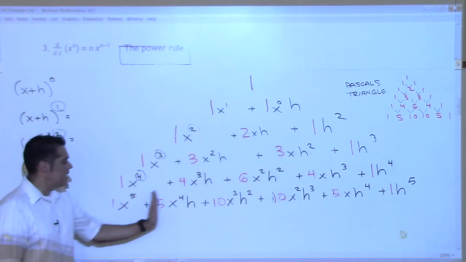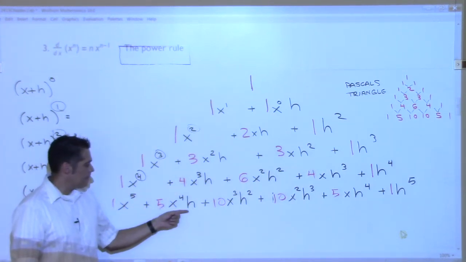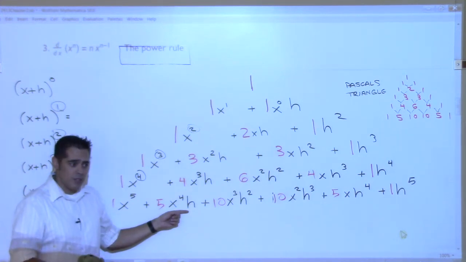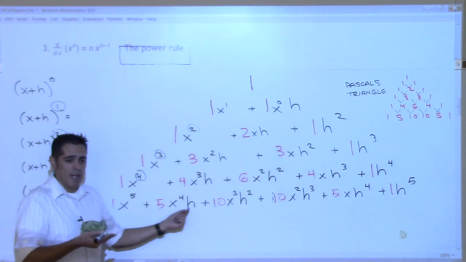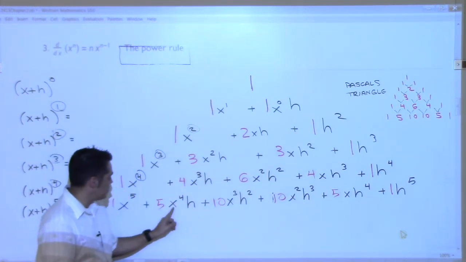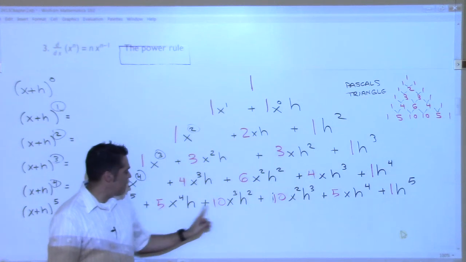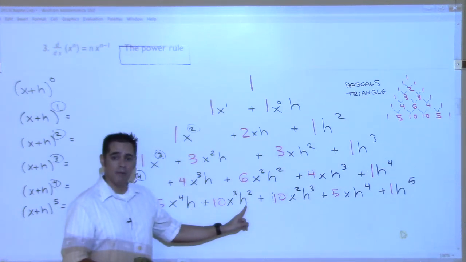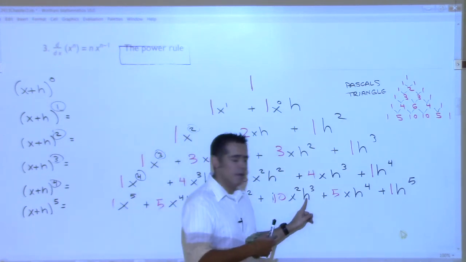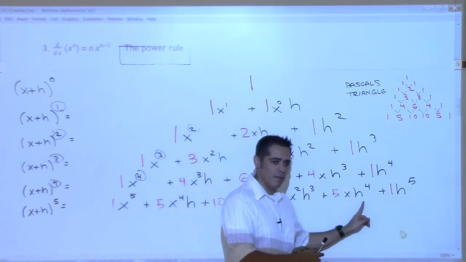Now, when we move to the next one, what happens? The power on x goes down, and the power on h comes up to h to the first power. On the next one, the power of x goes down, but the power of h goes up. And then the next one, power of x came down, power of h came up. Next one, power of x goes down, power of h comes up.